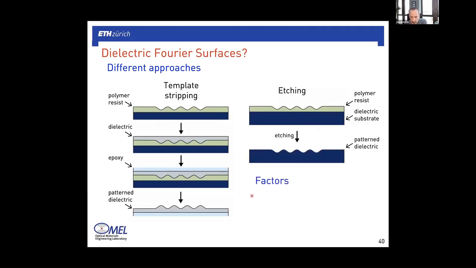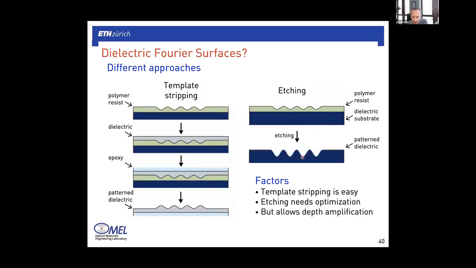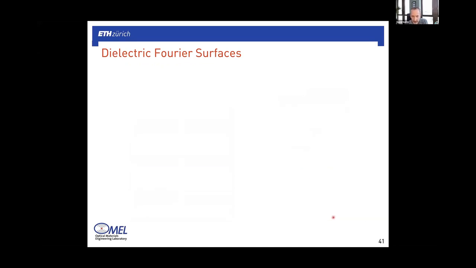Which one to use you can decide by several factors. First of all, template stripping is just really easy, so it's usually our first thing to try. Etching typically needs optimization, but it also allows one to potentially amplify the depth of the profile, so this has some advantages.